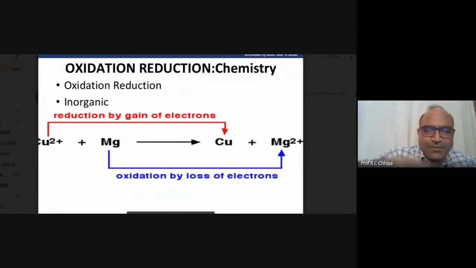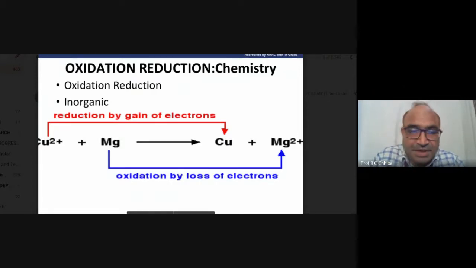Someone gets the profit, someone does not. So there is gain of electrons, and from where do we get the electrons? From the compounds. Here the magnesium undergoes oxidation by loss of electrons. Because of that loss of electrons, copper plus 2 undergoes reduction also.